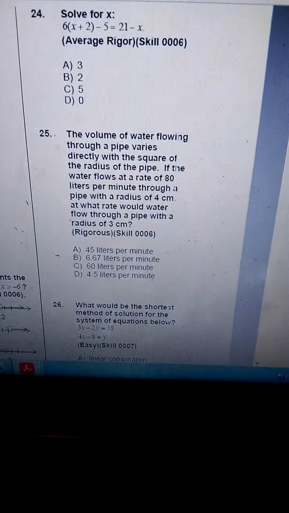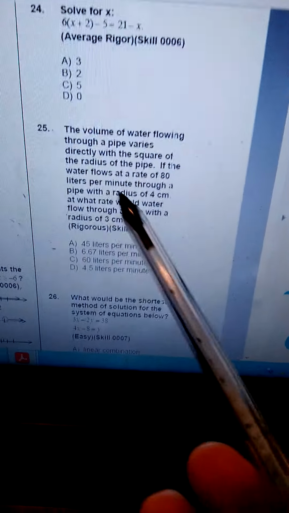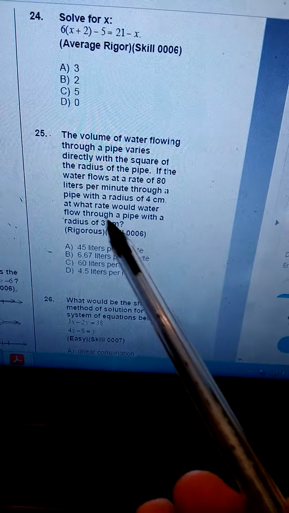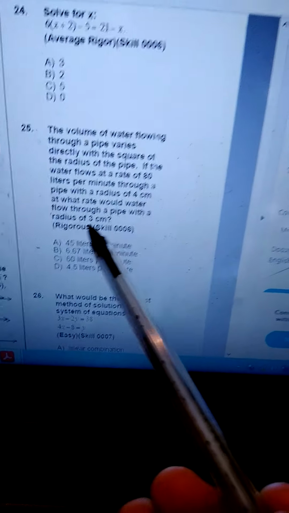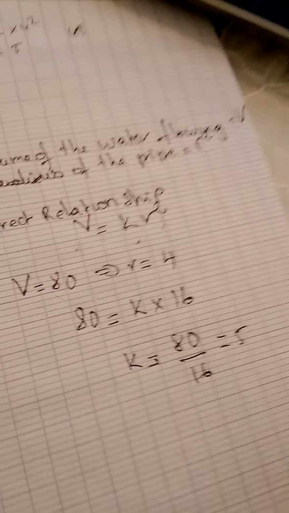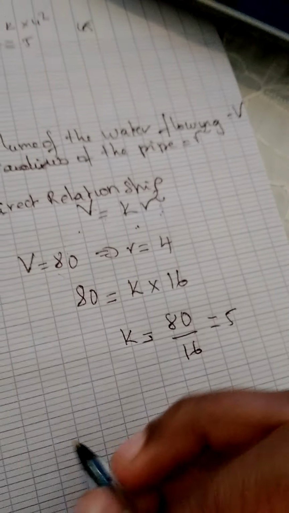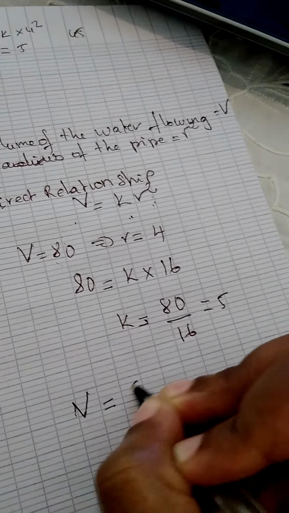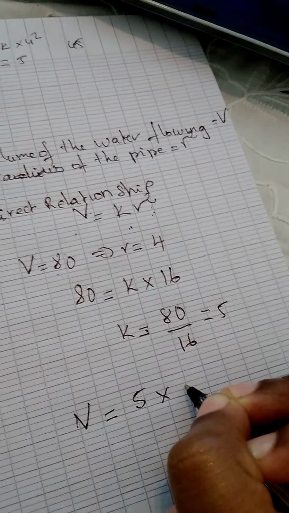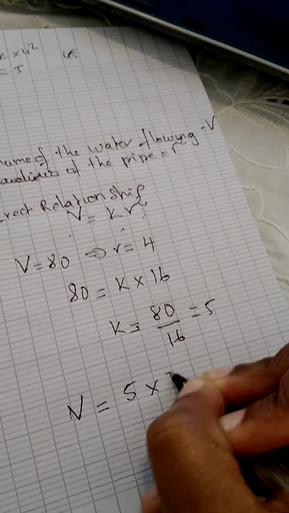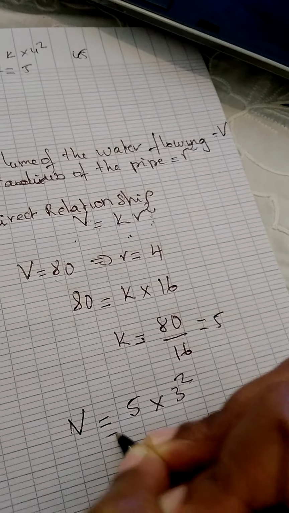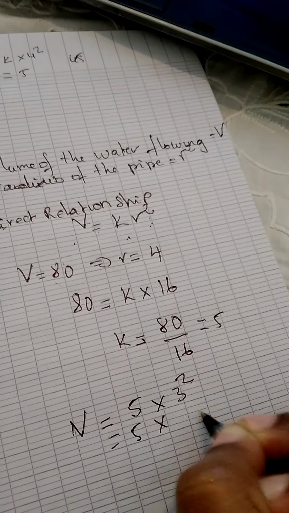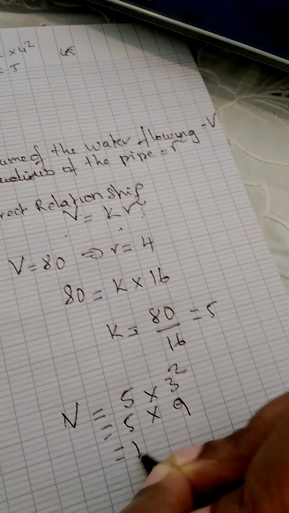Now when you get back to the question, you are asked at what rate would water flow through a pipe with a radius of 3 centimeters. So here you write V equals K, which is 5, times the radius given to you, which is 3, so 3 squared. 5 times 9 is 45.